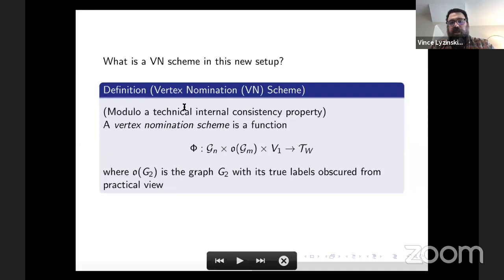But this internal consistency property that I had, I said modulo a technical internal consistency property, is a fairly large constraint. This is a constraint that essentially says your nomination schemes have to be sensible, in that, since we're doing this from a network topology perspective, they have to respect the topology of the network and not just the labels of the graph, because in some sense there's no information in the labels.